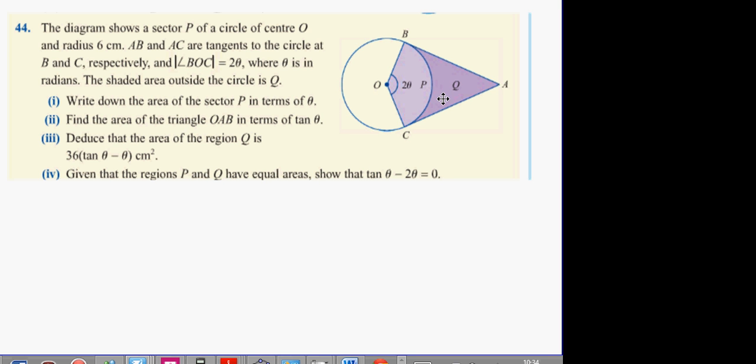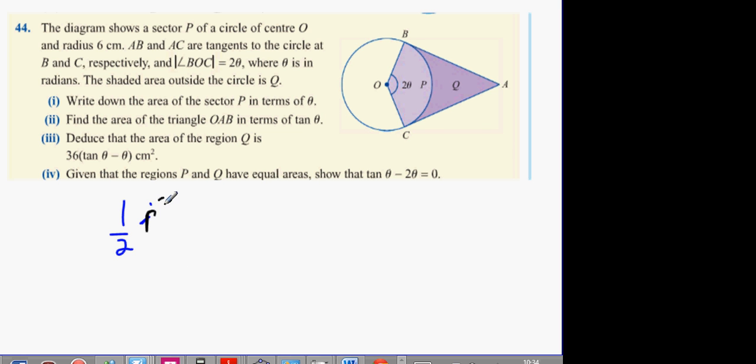Write down the area of sector P in terms of theta. Sector P is a sector, which means it's going to follow the formula a half r squared theta.